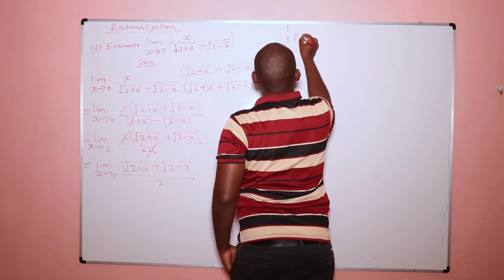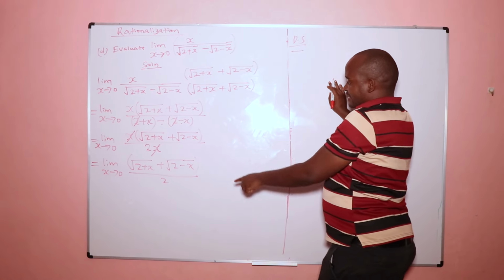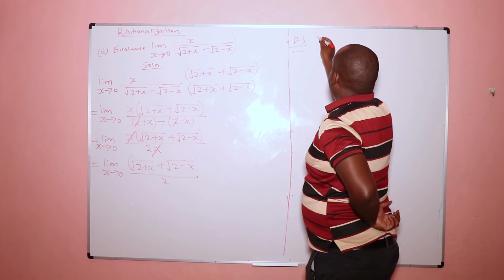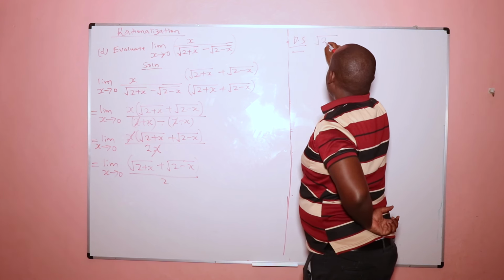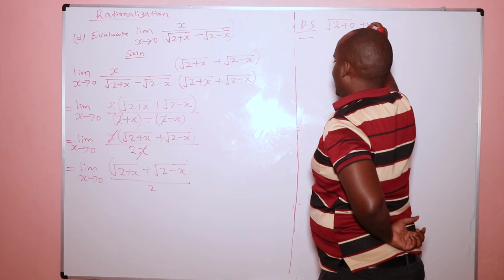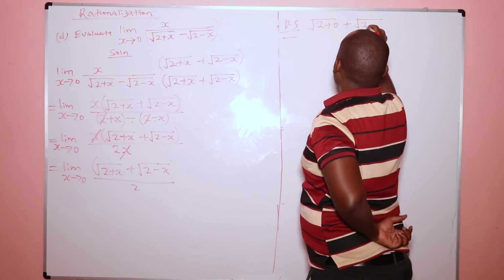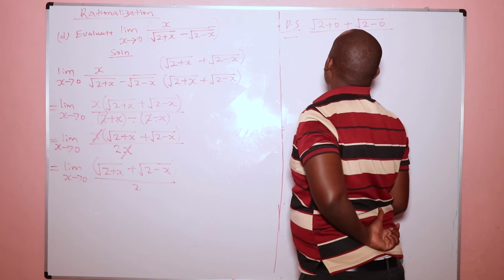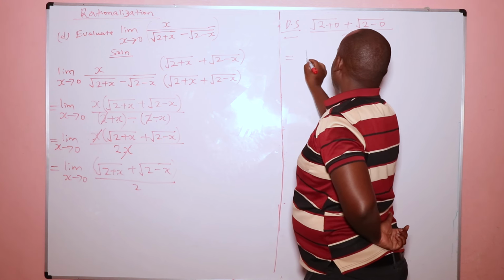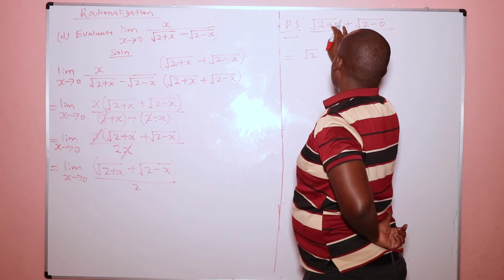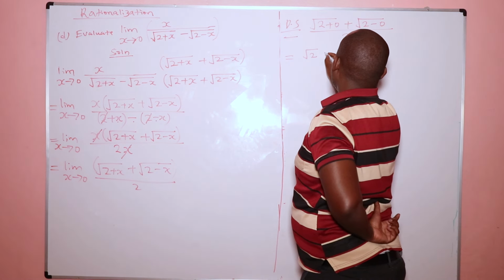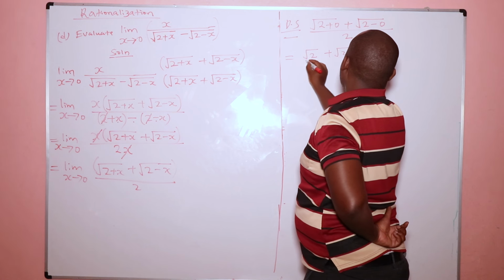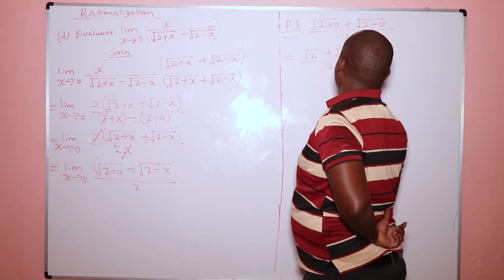By direct substitution, whenever you have x, you replace it with 0. So these would be root 2 plus 0 plus the square root of 2 minus 0, all divided by 2. Which is going to give us root 2 plus root 2, divided by 2.